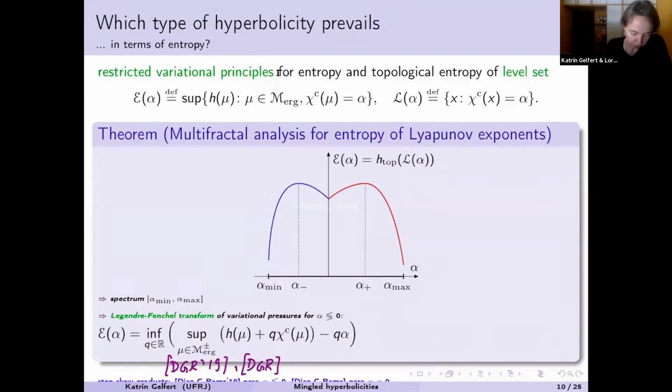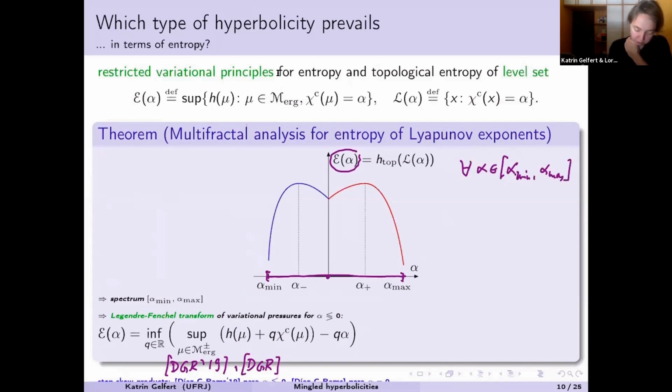Okay, so we show the following restricted variational principle for entropy of Lyapunov exponents in the setting of a skew product having the hypotheses stated in the axiomatic approach, which says that there is an interval of possible Lyapunov exponents which covers negative and positive values, with 0 in its interior, and the supremum of the entropies of ergodic measures with given exponent alpha is equal to the entropy of the corresponding level set, and this is true for all alpha, including alpha equal 0.